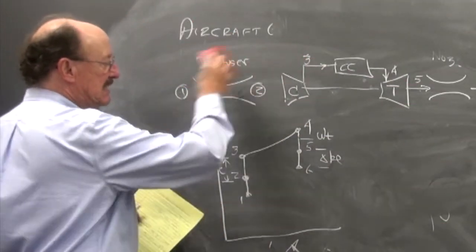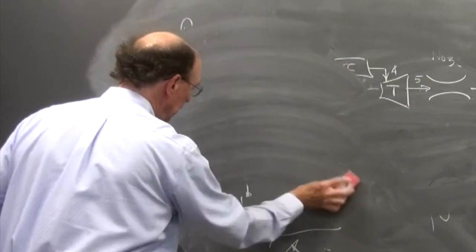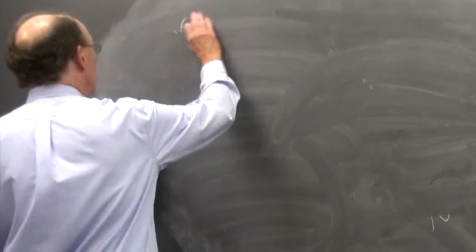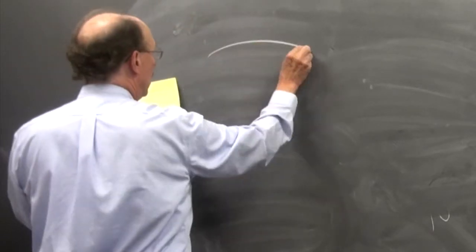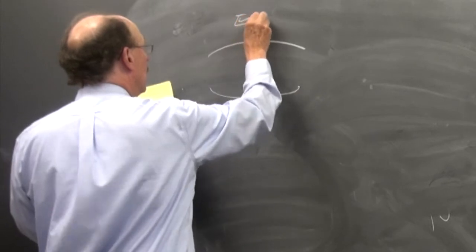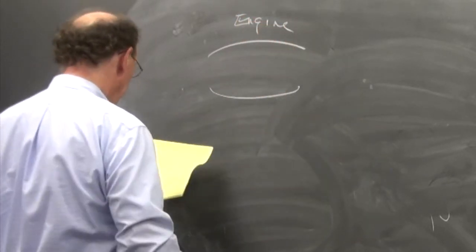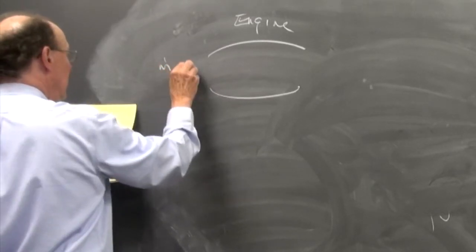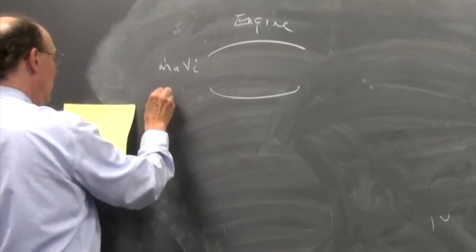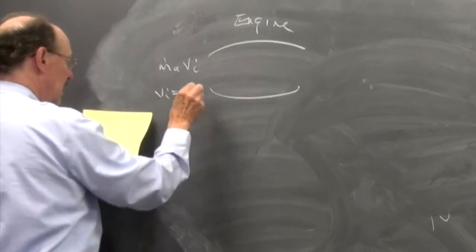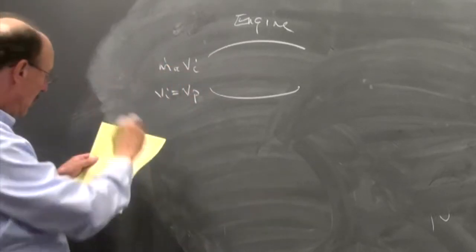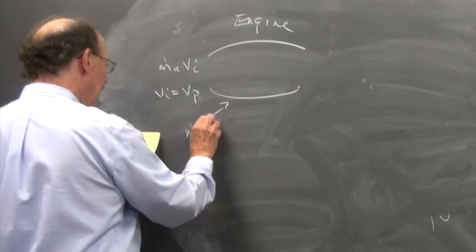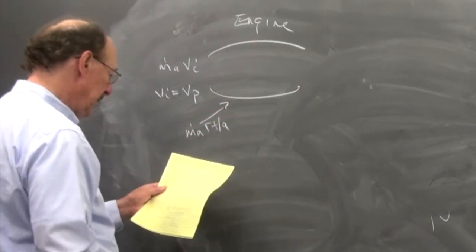So the engine has all this stuff in it. And so I'm going to have here m dot A times VI, and VI is equal to V sub t, the velocity of the plane. So the plane's going along, that's what's happening. I have the fuel going in, so I have m dot A times RFA is the fuel that's going in.